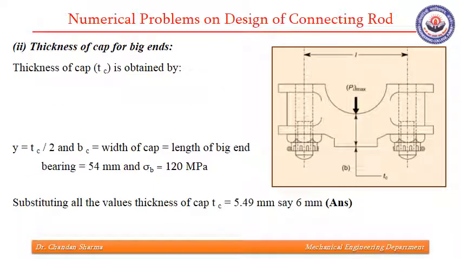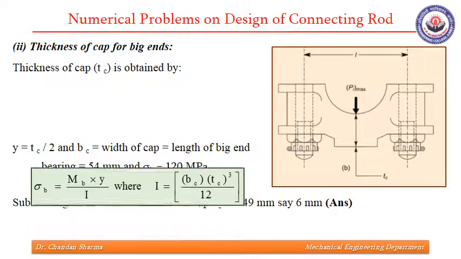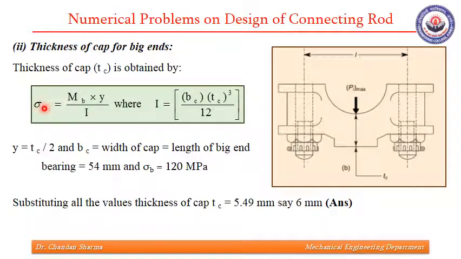Now, since we have decided that we will design it treating it as a beam, we'll use the formula sigma b as M into y upon I, where I is BC TC cube over 12. BC is width of cap, TC is thickness of cap. A little consideration will show that BC will be equal to length of crank pin which is given to us.